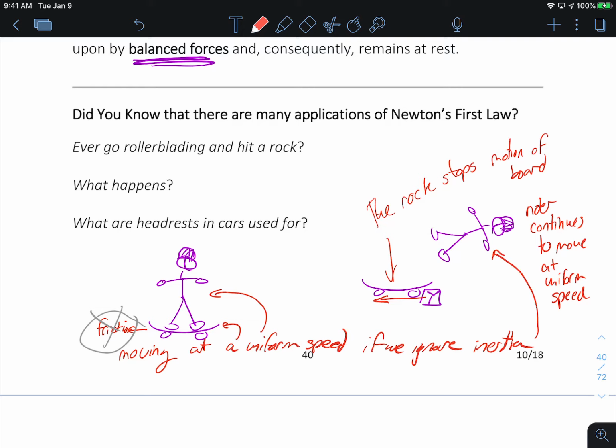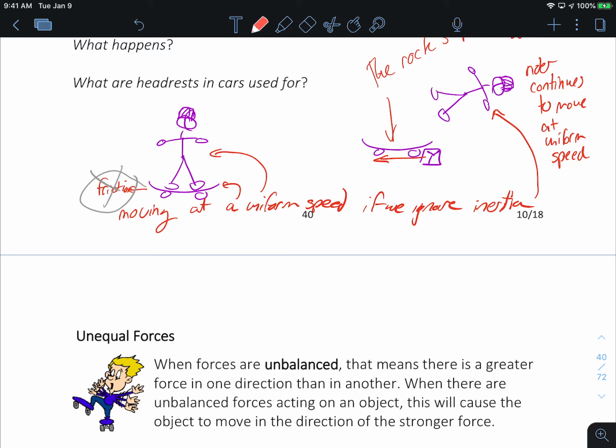Well, you can also imagine that the headrests are there because you don't really have a force pushing directly on your head when you start your car, and so the headrest supports your head as the car accelerates forward.